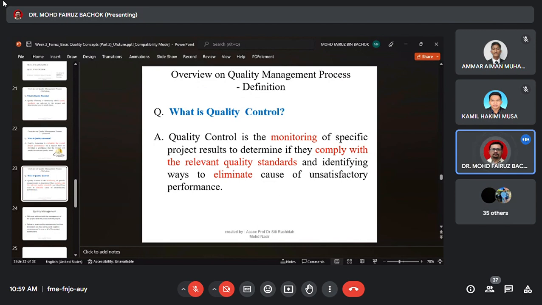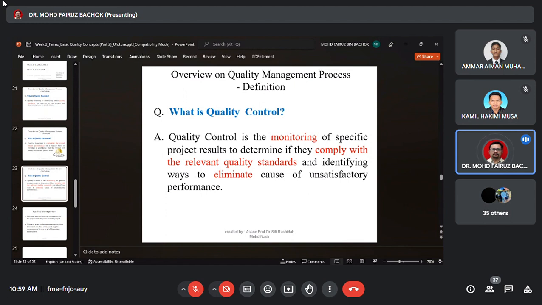Look for anything that does not follow, atau is not relevant to, the quality standard, and you know how to do the remedial action to eliminate this unsatisfactory performance. That's the way to come up with a quality construction by implementing the quality management process.